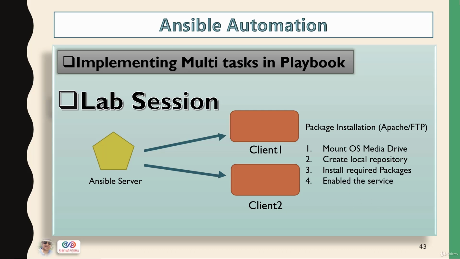Fourth, once the package is installed, it should enable the service, and the fifth is start the service. So here you can see multiple tasks are required for the complete installation of a package. So let me create a single playbook, and in that single playbook I'm going to define all those tasks.